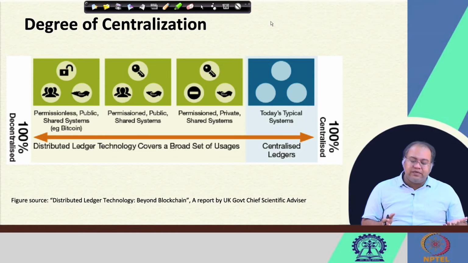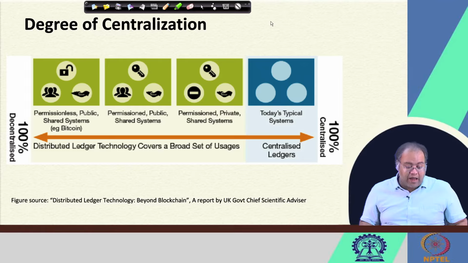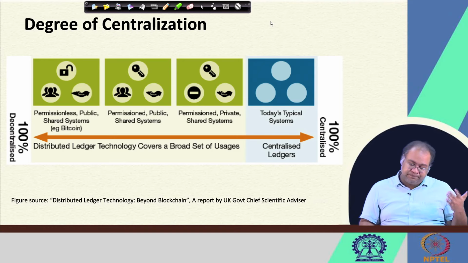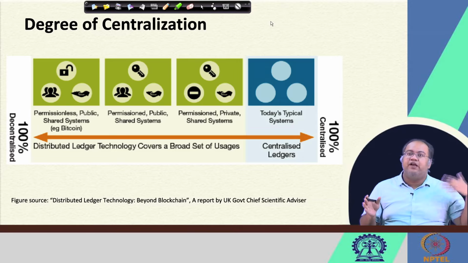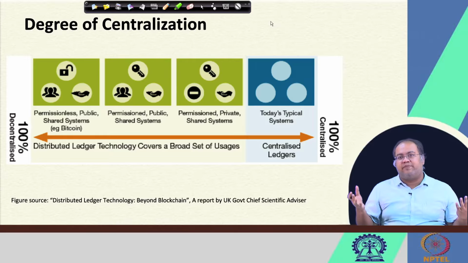And among the different kinds of decentralized architectures, if you have a permissionless public shared system like Bitcoin, that provides 100% decentralization, and the enterprise use cases are somewhere in between 100% decentralized and 100% centralized.